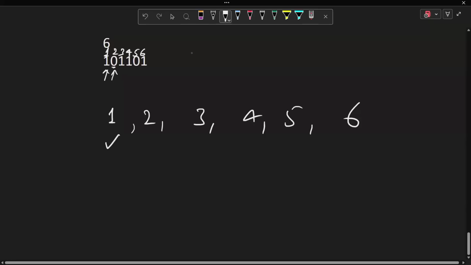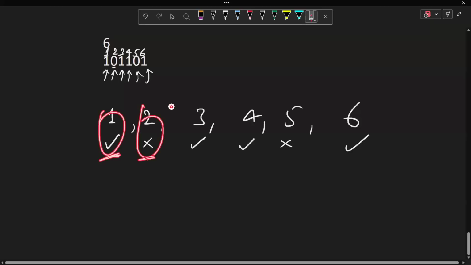Day 2 is 0. It means he doesn't visit the shop on day 2. Day 3 is 1, so he visits. Day 4, he visits. Day 5, he doesn't visit the shop. Day 6, he visits the shop. If he is not visiting the shop on a day, then on that day he cannot purchase anything. That's basic.